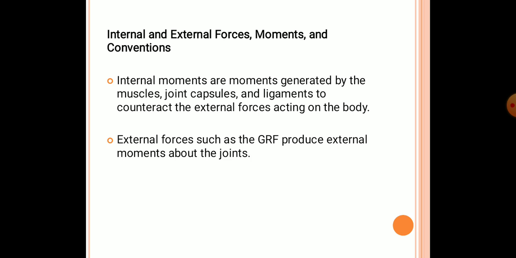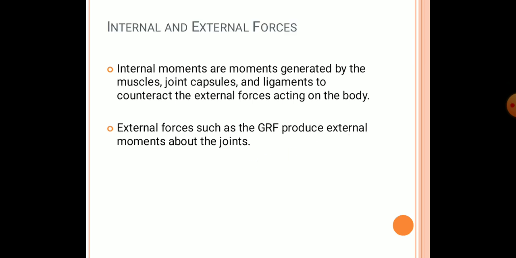First one is internal and external. Internal moments are basically the directed forces which are produced by muscles, ligaments, all the internal structures, and we have something called external forces or moments which are actually produced by the ground reaction forces, center of pressure, gravity, and all external forces.